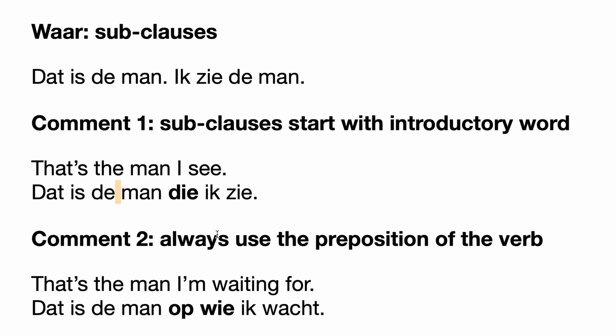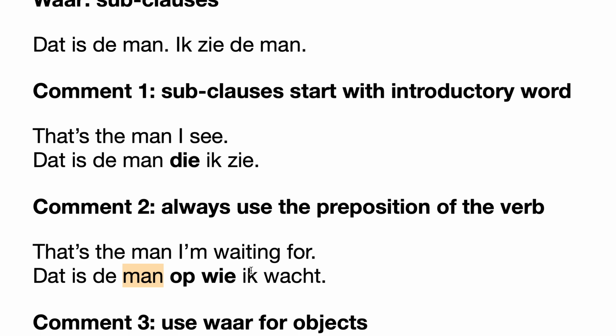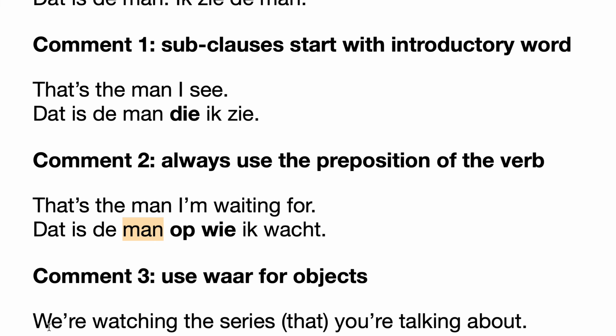All right. Now, here we're talking about a person. If it is not a person, if it's an object, for example, we're watching the series we're talking about. The series, that's not a person. So then, if it's not a person, we're going to use, instead of this wie, a waar.